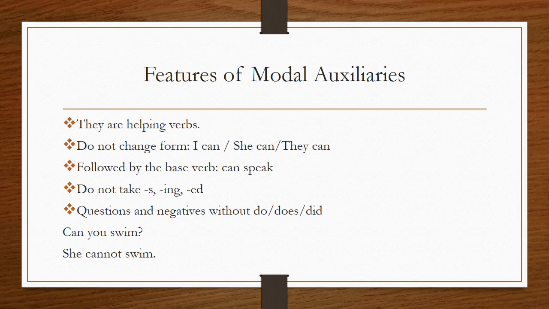Third, they are followed by the base form of the verb: can speak and should study. They do not take endings such as s, ing, or ed. Finally, questions and negatives are formed without using do, does, or did. For example, we say, can you swim? She cannot swim.